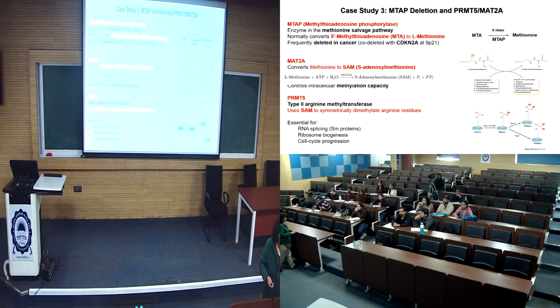Arginine. So this is an arginine methyltransferase. Okay, so PRMT5 uses SAM because it is a methyl donor. And look at the arginine side chain. It adds the first methyl group, the second methyl group here, right? It could be symmetrical or it could be asymmetrical addition.